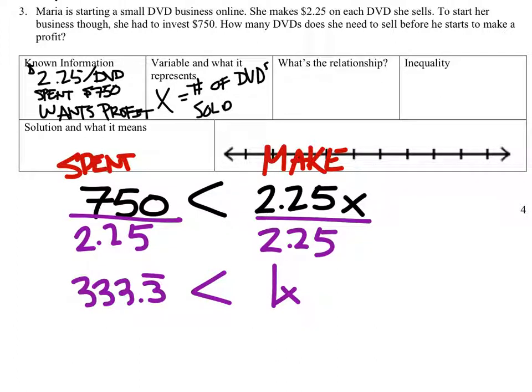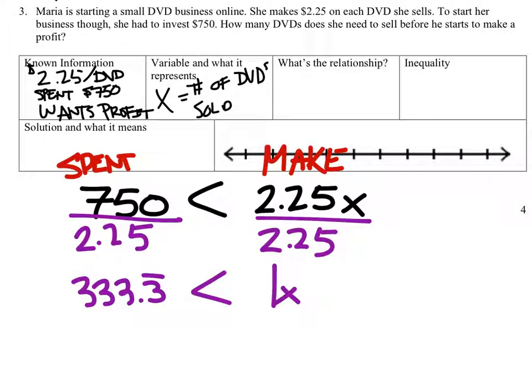Alright, so when we divide that in the calculator, we get 333.3 repeating, which is a fine answer, except for there's one problem. Can she sell a third of a DVD? Not if she wants to make any money off that thing. So she actually needs to sell how many? 334.